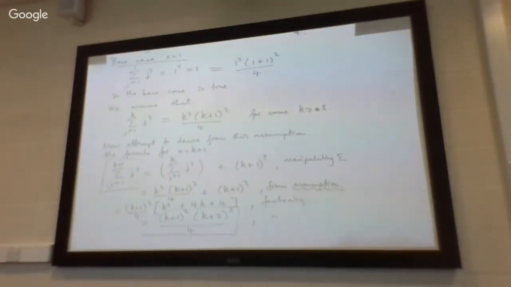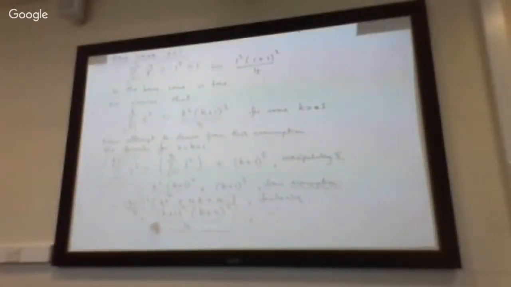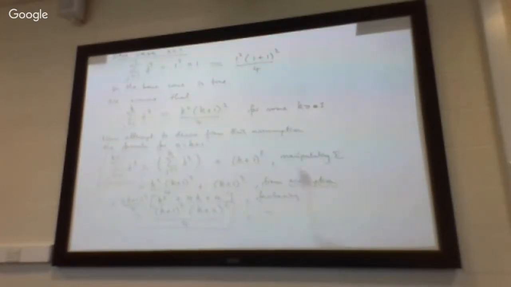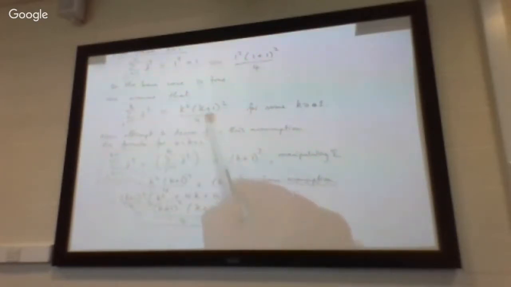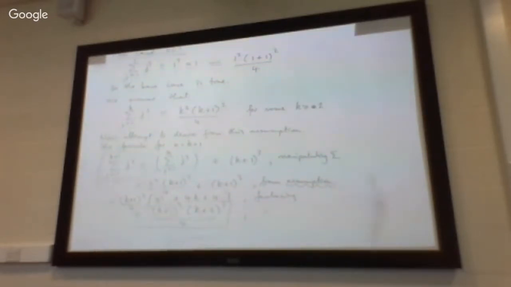So we didn't prove this from nothing. We proved that it's true assuming the previous one is true. That's the crucial flavor of induction. We proved the required result, assuming it was true for the previous case.